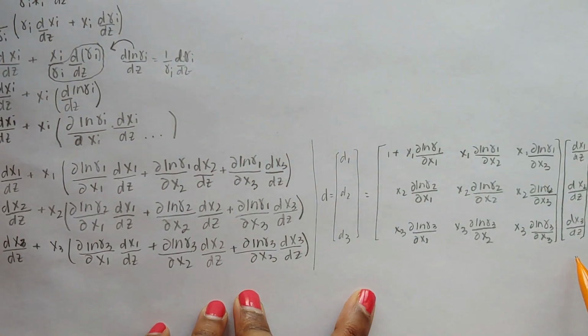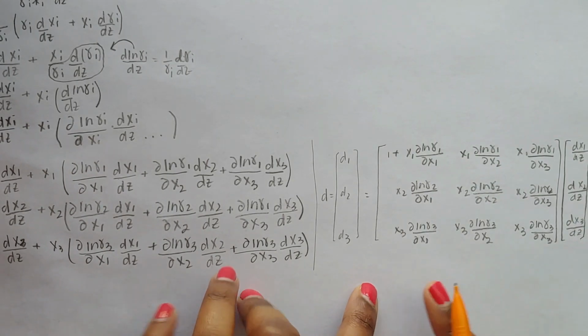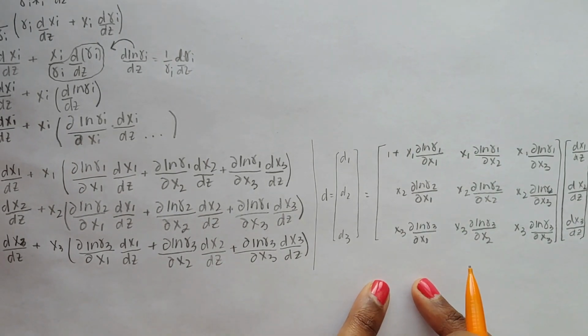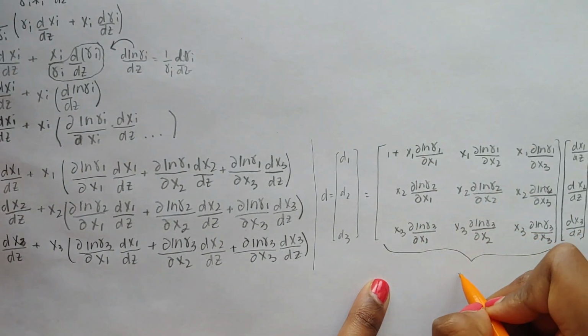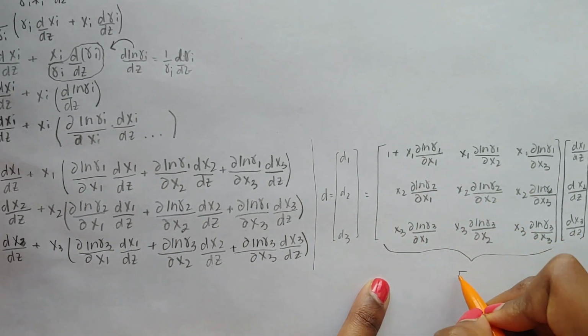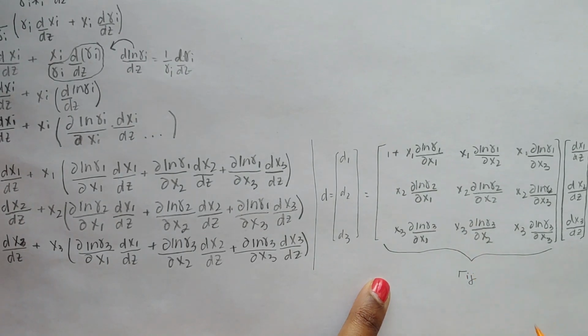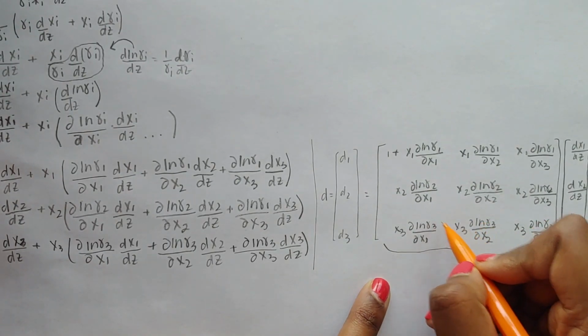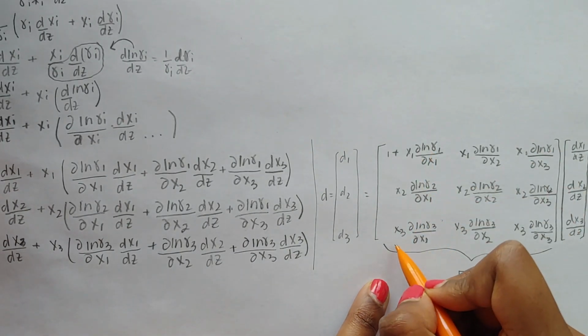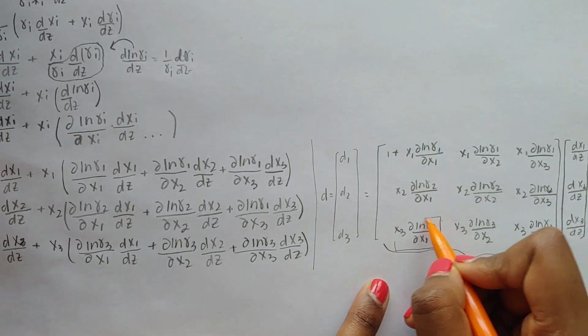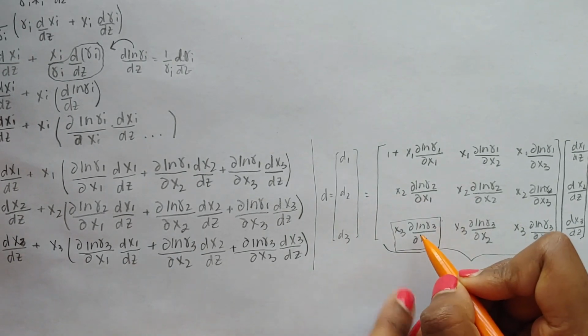This part right here is showing our equation 131, right in between. So this part is the thermodynamic factor matrix. What we're looking at here is the first component for each of these values, which looks at the mole fraction of that component times the partial derivative of the natural log of that activity coefficient in terms of the partial derivative of the component that we're multiplying by.